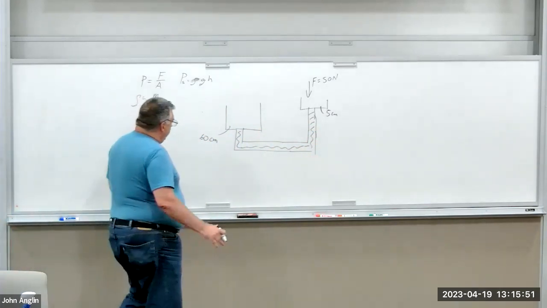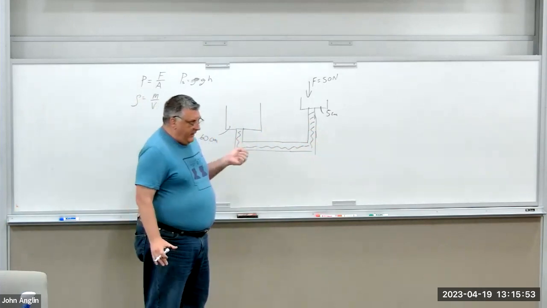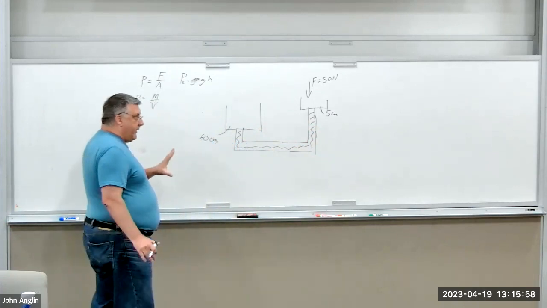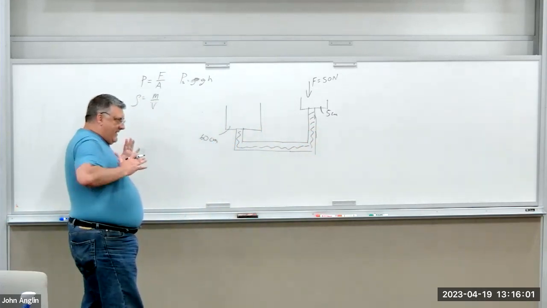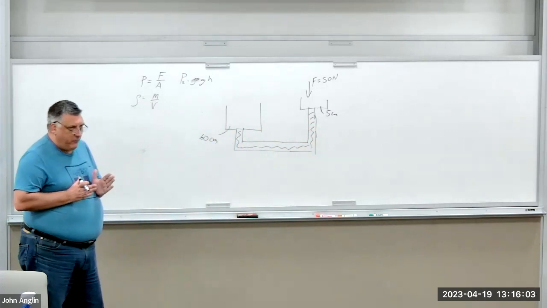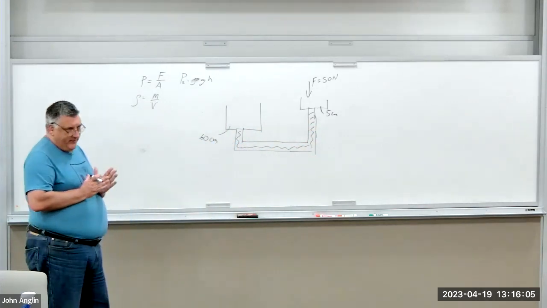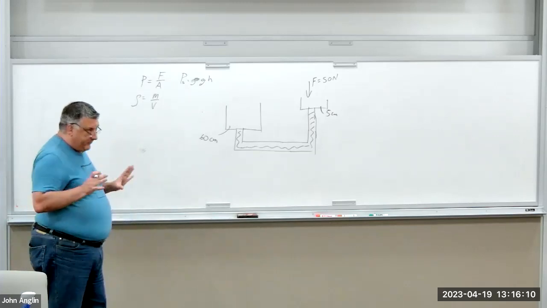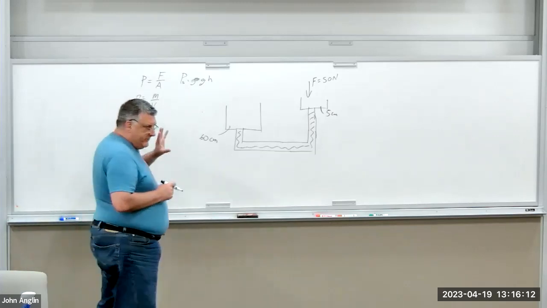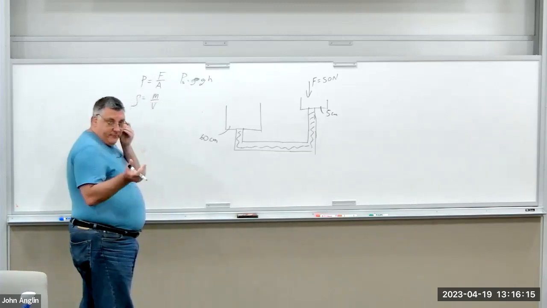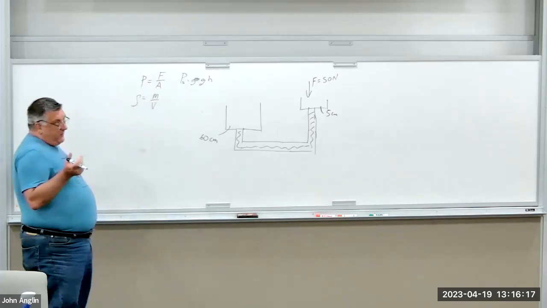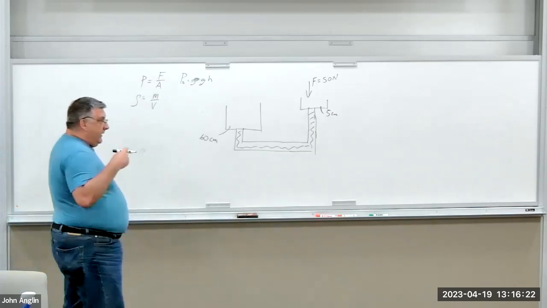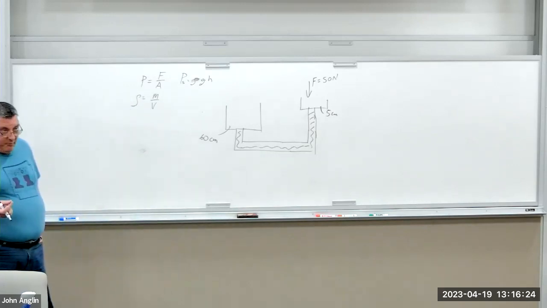If it's completely full and we assume a non-compressible fluid, we're not going to worry about the fact that we could squeeze the water hard enough to make it a solid. We're going to assume this is non-compressible so that pressures get transmitted equally. And this is Pascal's law, right? Pascal's law tells me that any pressure exerted on a fluid is exerted equally at all points in that fluid.